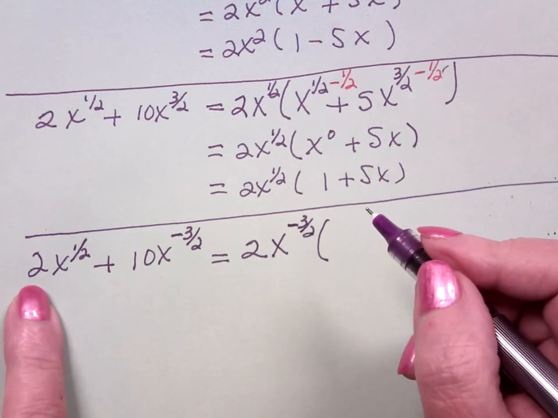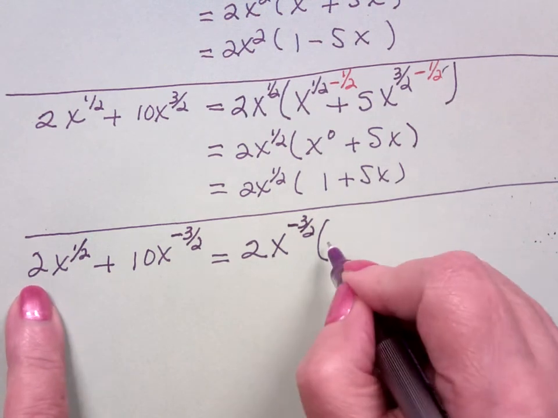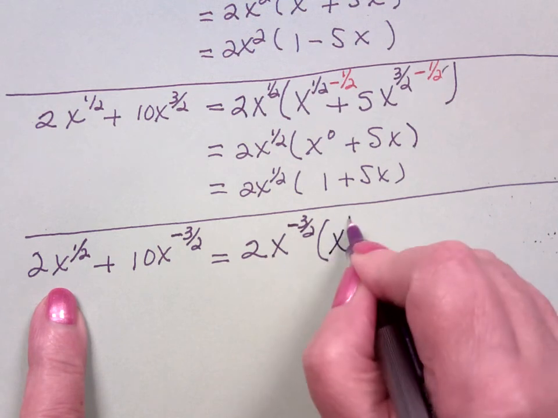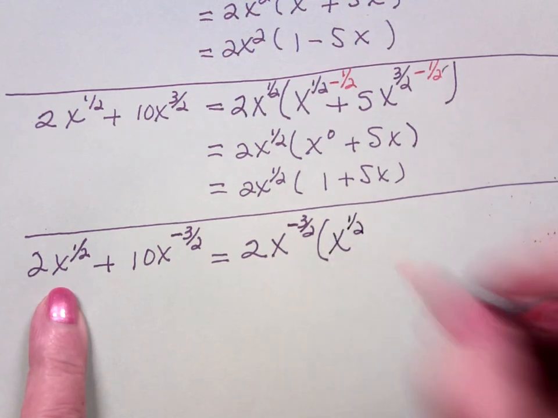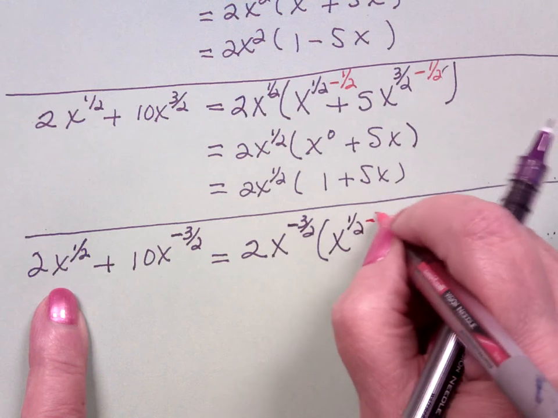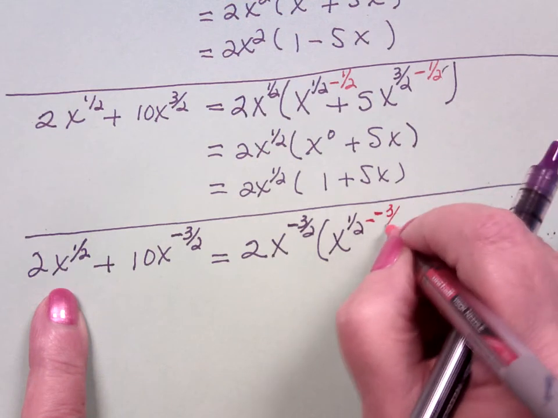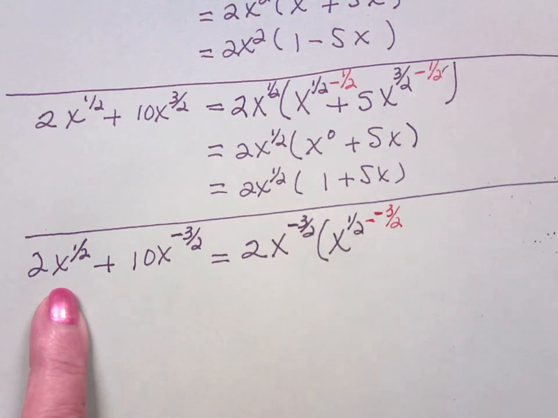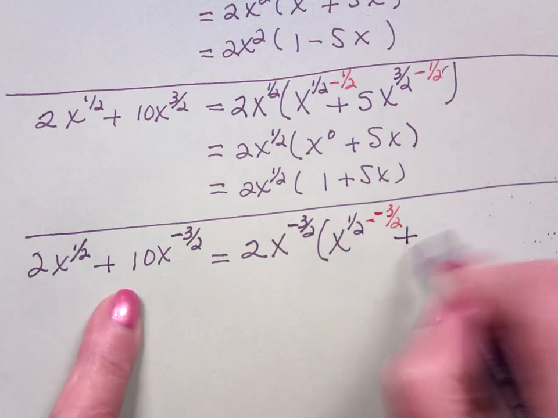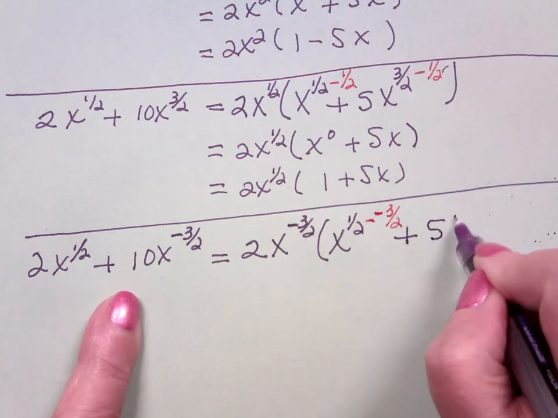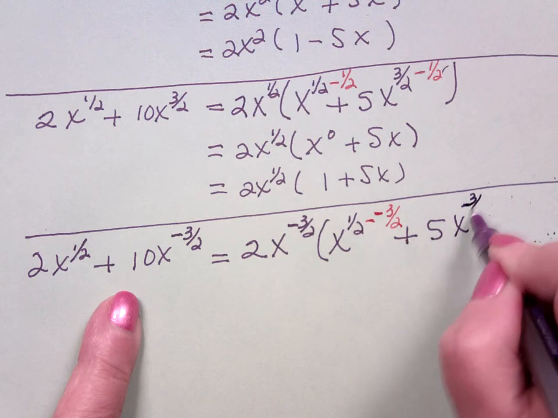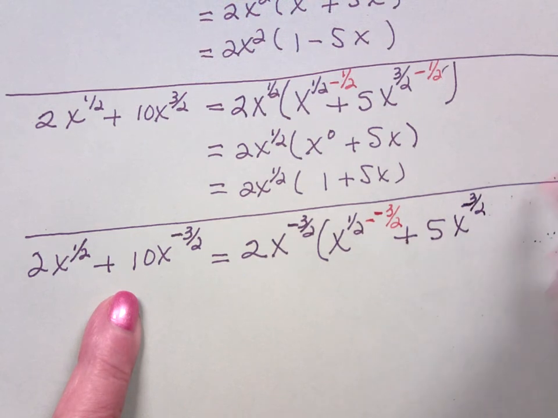So how does this work? Well, I'm taking a 2, so it's gone. From an x to the 1/2, I'm going to remove a negative 3/2, plus 5. From an x to the negative 3/2, I'm going to remove a negative 3/2.